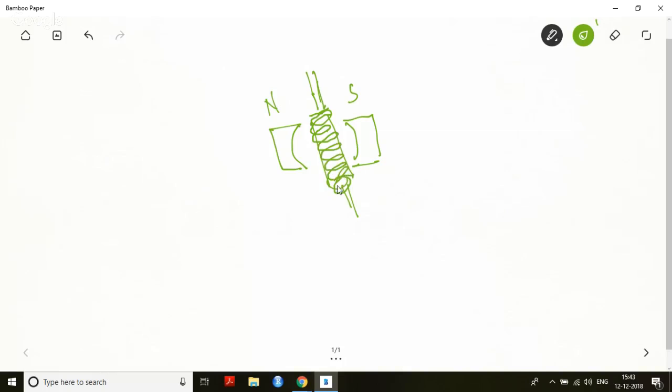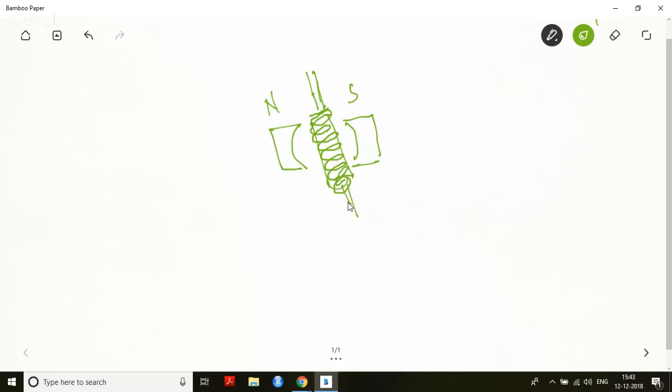Here are my magnetic poles, suppose this is the North Pole and this is the South Pole. And here with a shaft I have a cylindrical core, and on this core, current carrying conductors have been coiled like this. So this is a current carrying conductor.